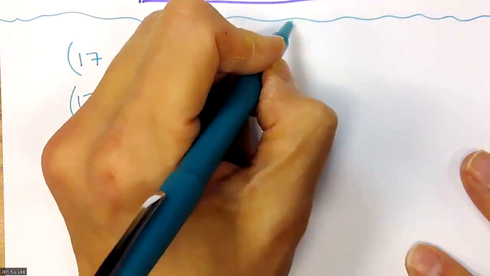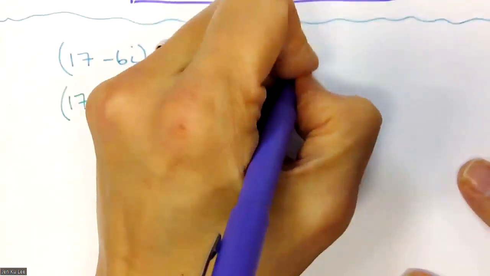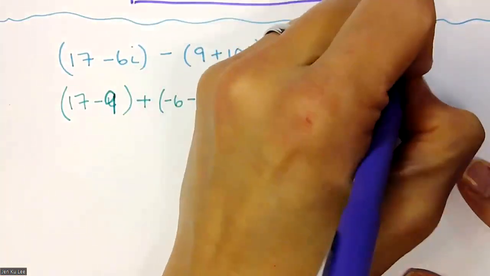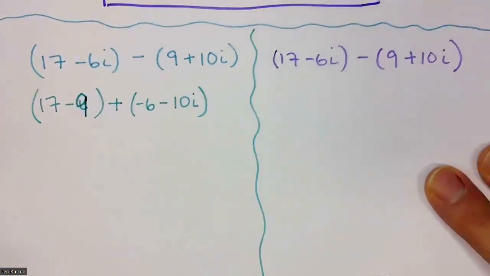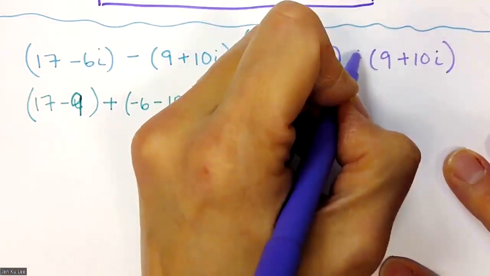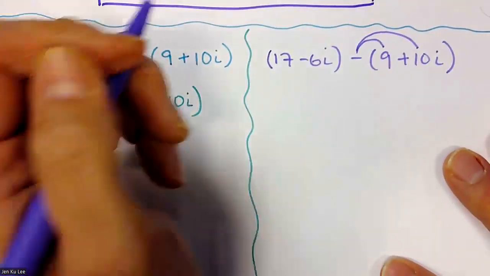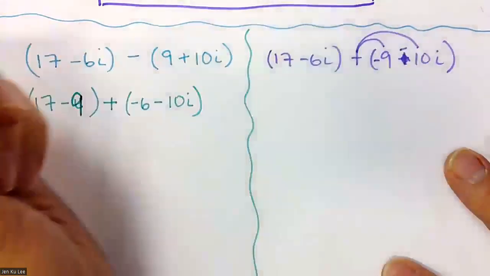What's even simpler, which I didn't go over, which I will right now. If I had 17 minus 6i minus 9 plus 10i, my first step here would just be to distribute this negative. Okay? That would be easier for you to comprehend all of this.